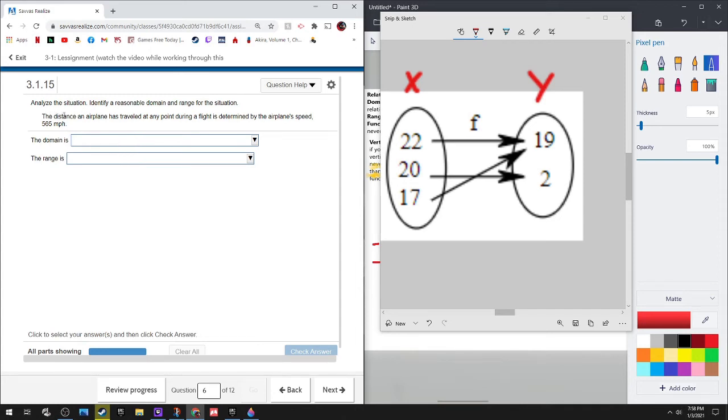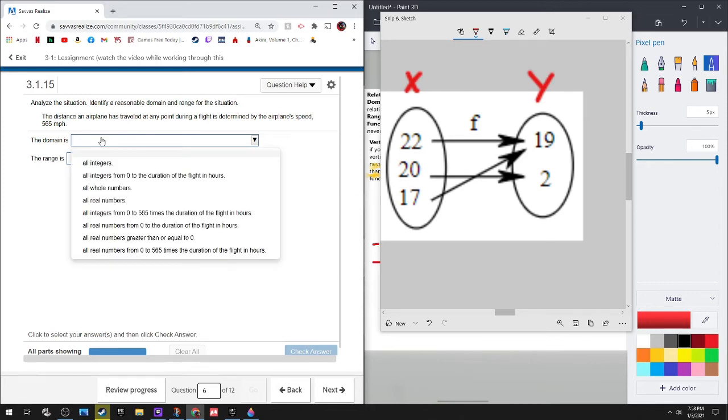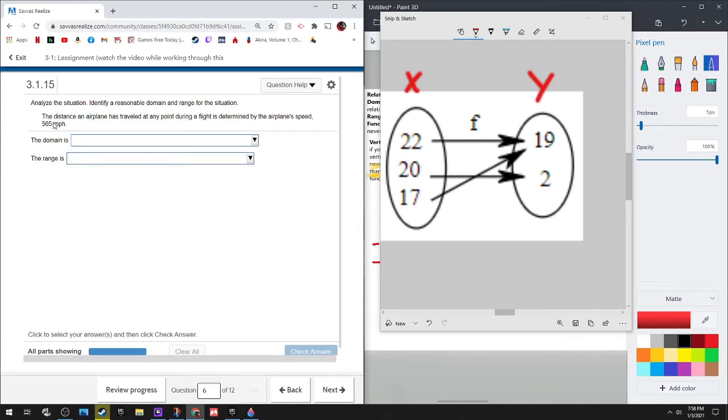The distance an airplane has traveled at any point during a flight is determined by the airplane's speed, 565 miles an hour. So the domain, we're trying to find numbers that would make sense. So what would be an input here?